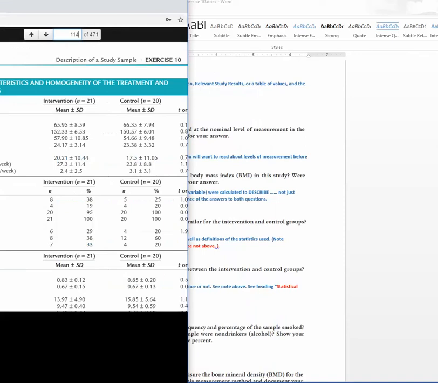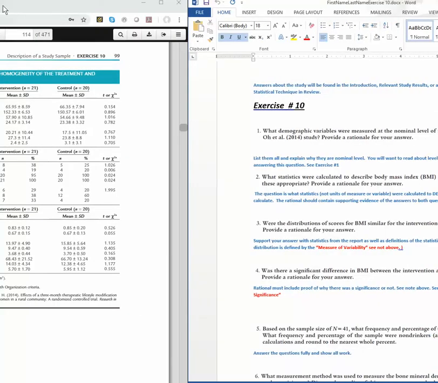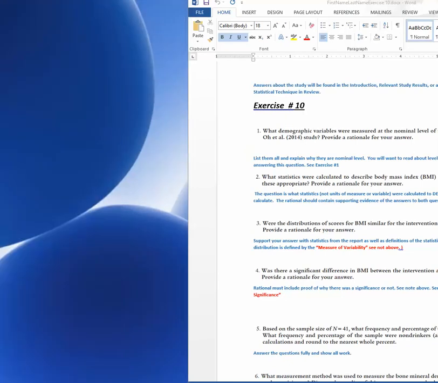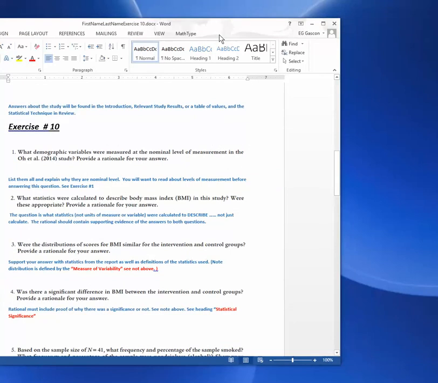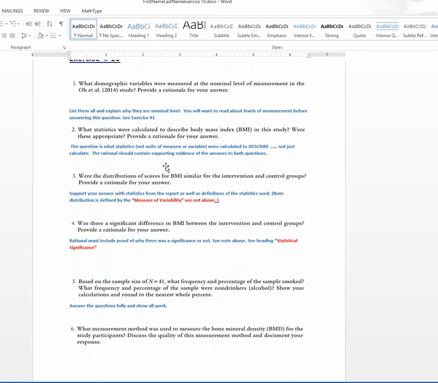Okay? So as we go through these, let me get this back out of the way here, and bring this one back into my frame. So that's the kind of thing. You're going to list them, and if you're unsure, go back to exercise 1 and read that definition again.